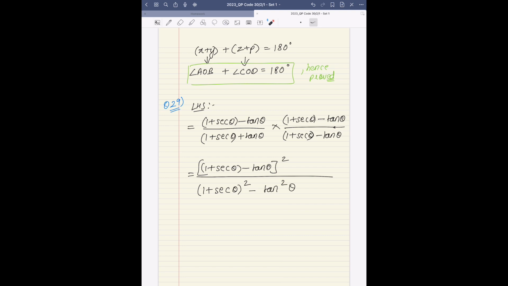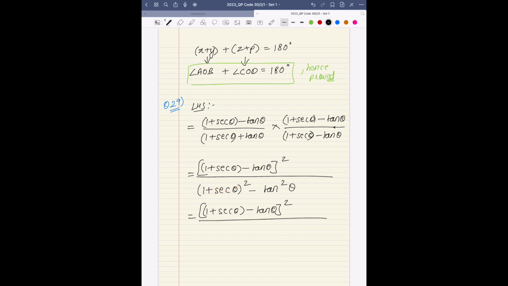Now what do we do? Don't expand this expression because it will become big. Anyway, our denominator, whatever we have to prove, is cos theta. So let's open this and see if it is getting simplified first. So copy this, (1 plus sec theta minus tan theta) whole square, divided by, now open this. This is A plus B whole square.